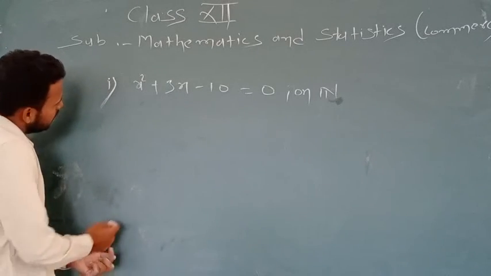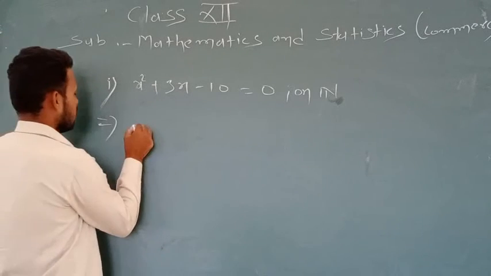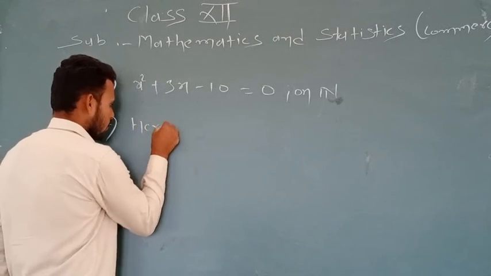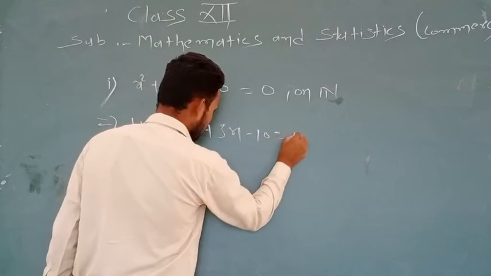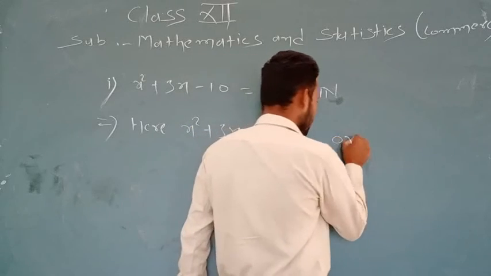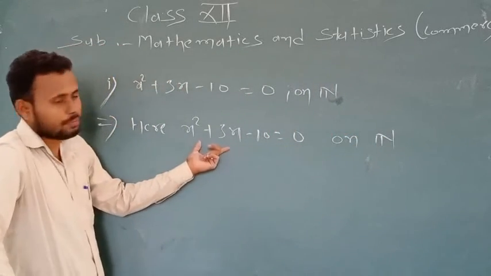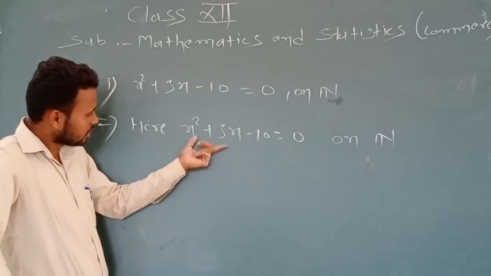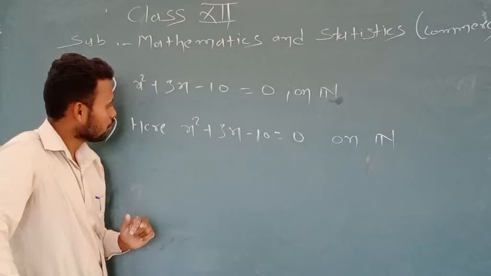सोल्युशन मध्ये काय होईल. Here x square plus 3x minus 10 is equal to 0, and this statement is defined on the natural numbers N. It is an open sentence; we have to convert this sentence into a true statement with the help of quantifiers.